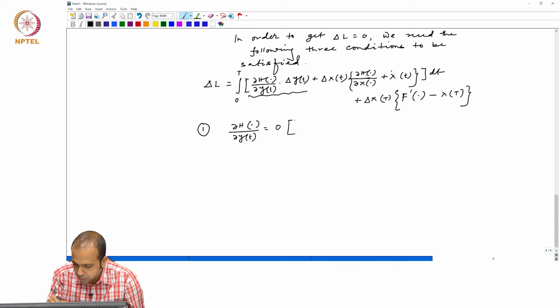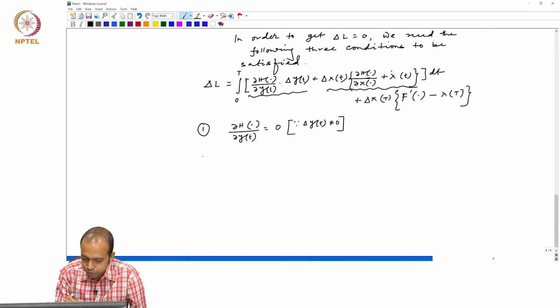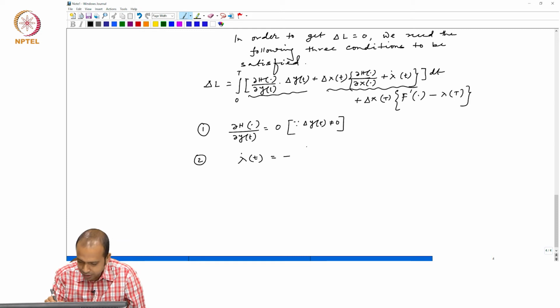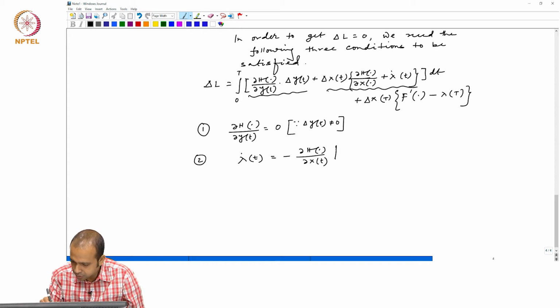Since delta yt is not equal to 0, from the second component, what we are writing is that lambda dot t should be equal to negative of del H dot del xt, since delta xt is not equal to 0.